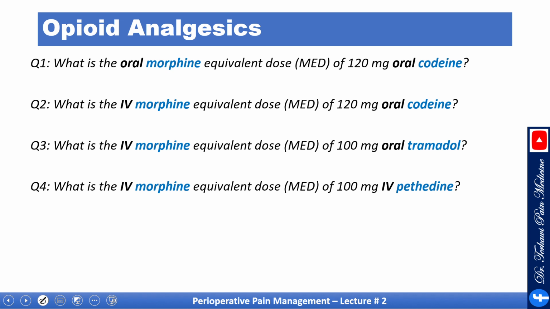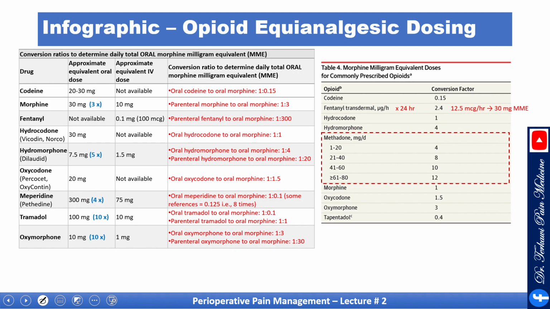However, the point from this is that, again, morphine is the gold standard. So to understand the potency of your medication and how much opioid you are giving, you have to convert it back to morphine, specifically here oral morphine. Now, to do this, here is a great slide for you.